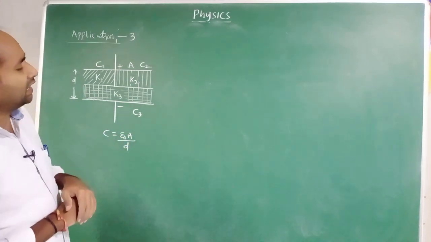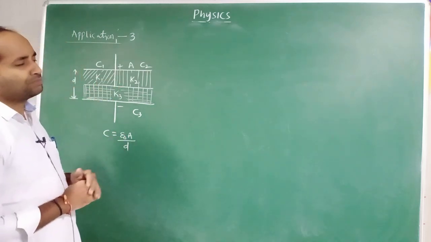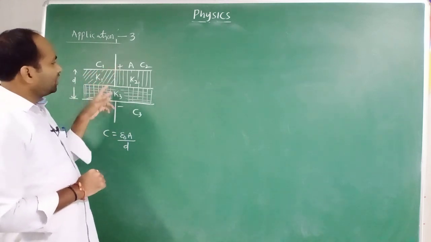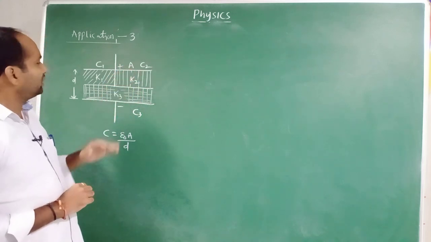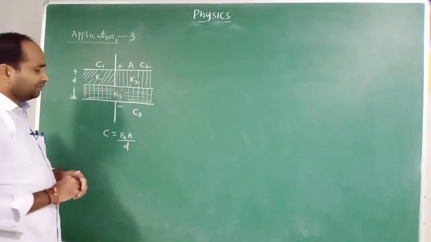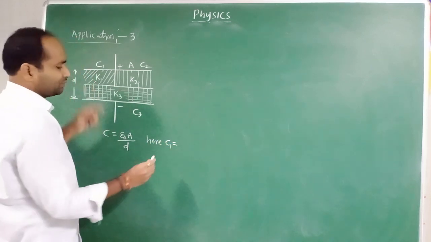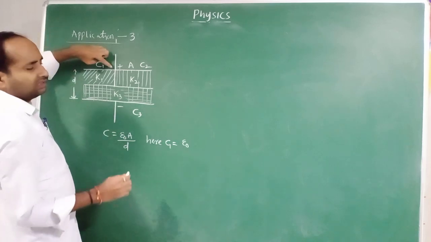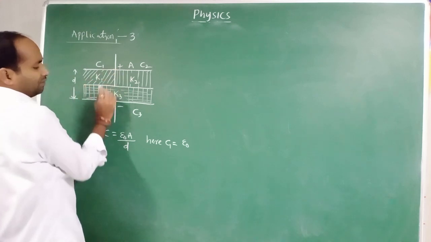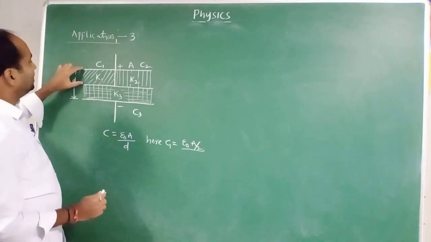Before inserting the dielectric slab between the plates of the capacitor, the capacitance C is equal to epsilon naught A by D. Now the space between the two plates is completely filled with three dielectrics as shown in the figure. Now, what is C1? Listen here. The area of the plate of C1 is A by 2, and the distance is D by 2.